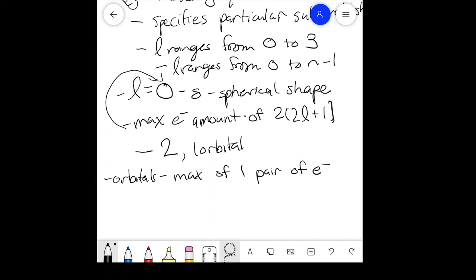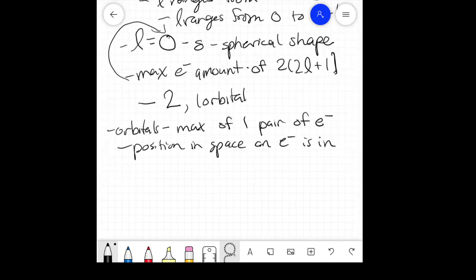And orbitals are just the position in space an electron is in. So that is L equals 0 is s.